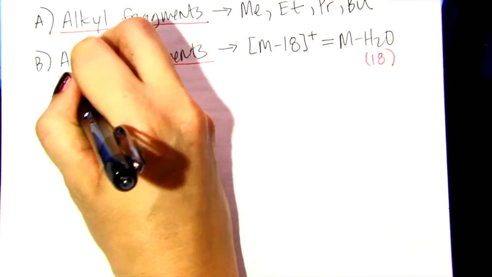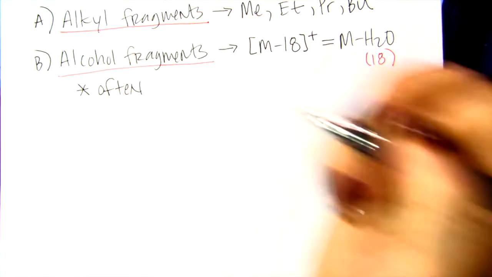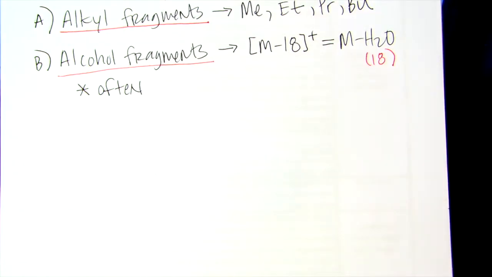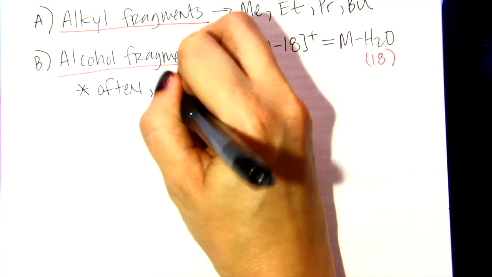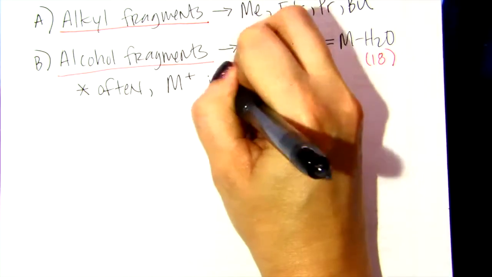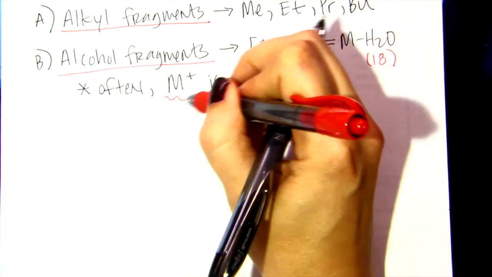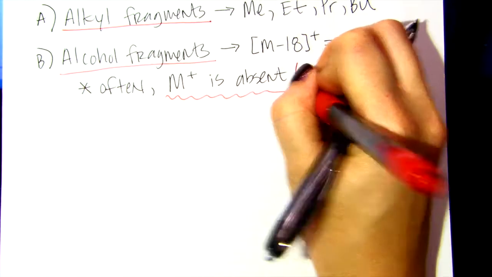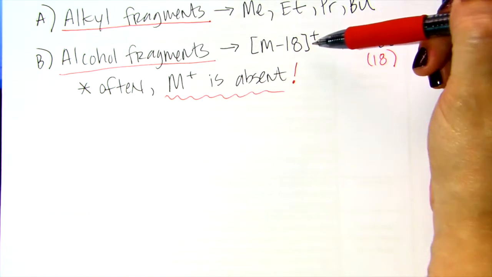And you're going to see this also: this fragmentation happens so fast and so easily that oftentimes you don't even see the M plus peak. With alcohols, it's really common to not even see the M plus peak. Your highest mass peak is the M minus 18.